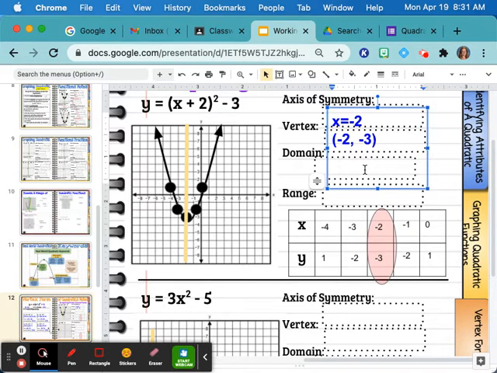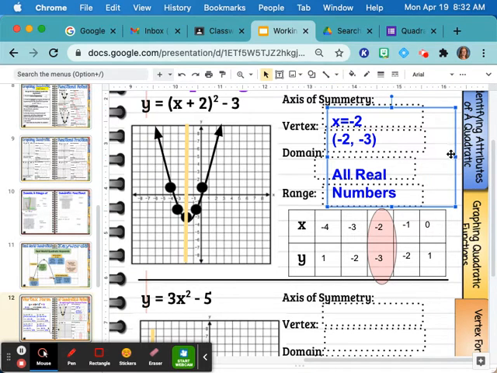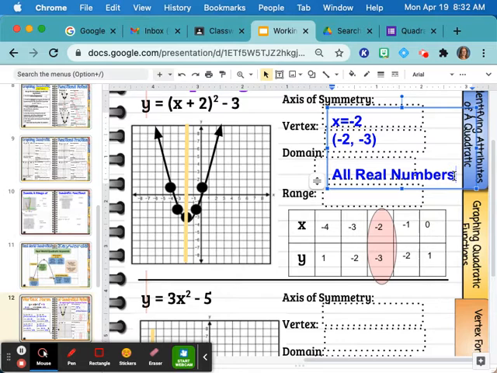And then the domain is the x values. For quadratics, what is the domain? It's going to continue on and on forever, right? The x values continue on and on forever, so it's all real numbers. But the range, what do the y values not go below? -3.